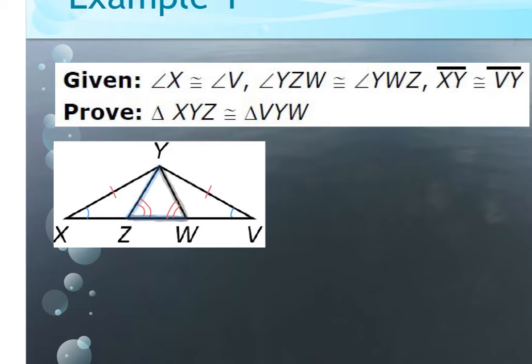It wants us to prove that XYZ, that will be the green triangle, is congruent to VYW, the blue one.